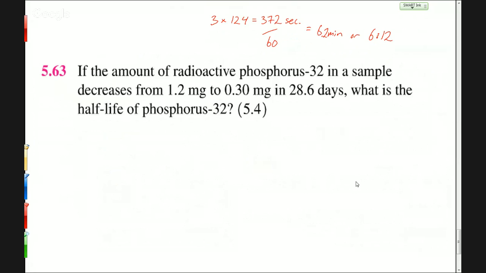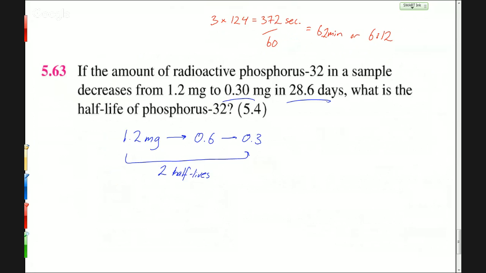So we want to set up the same kind of map in this case. We start with 1.2 milligrams, and then we're going to cut it in half, just like anything else, and see what happens. So that gets us to 0.6, and then 0.3, which is what's given. So in going from 1.2 to 0.3, we've gone through 2 half-lives. And it says that time is 28.6 days.